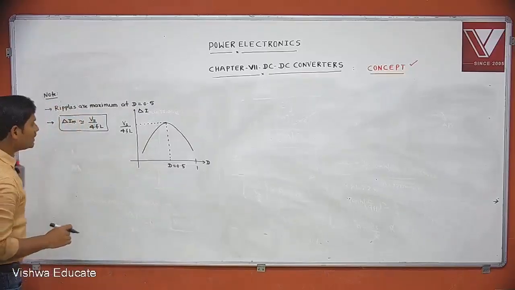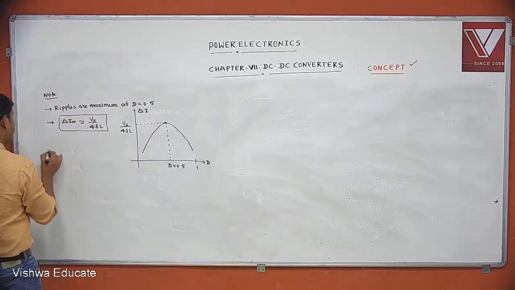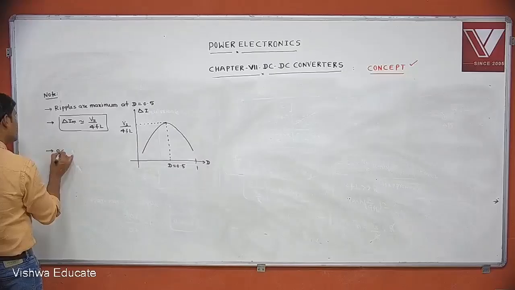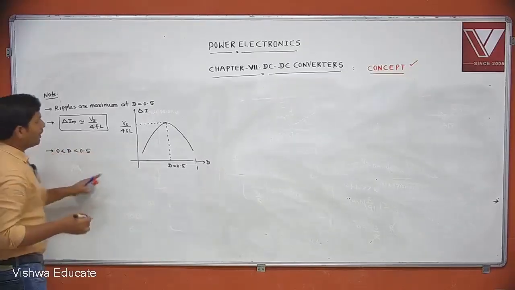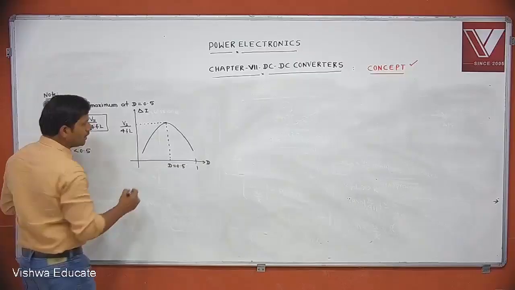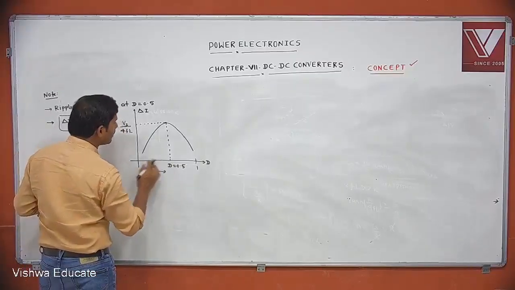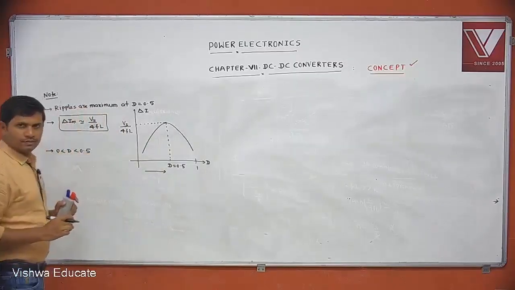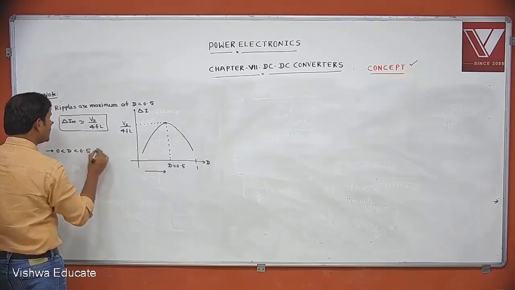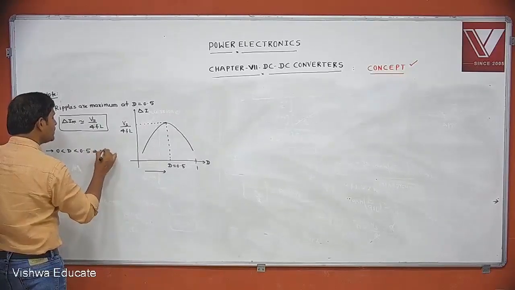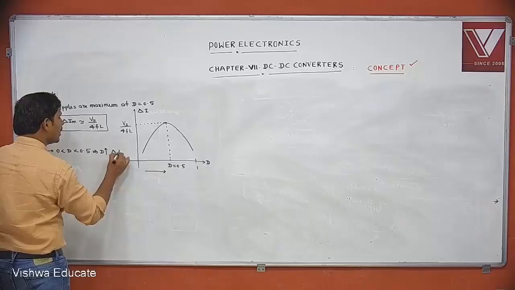One observation is that for 0 less than D less than 0.5, if the duty cycle increases, ripples also increase.